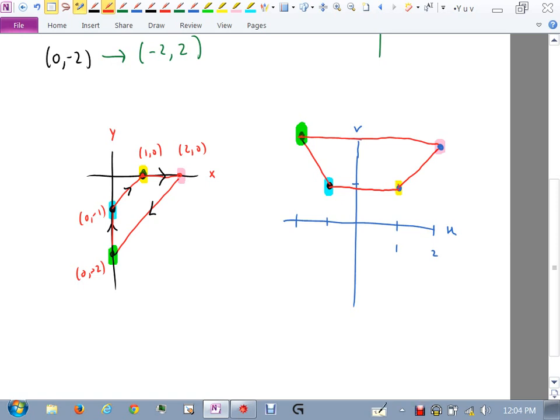So now what I'll do is let's try and define this as a type 2 region. That means I'm going to be looking sideways like this. I need to come up with an equation for this line. And because I'm looking sideways, instead of looking at it like v is a function of u, I need u to be a function of v. So what is that line?